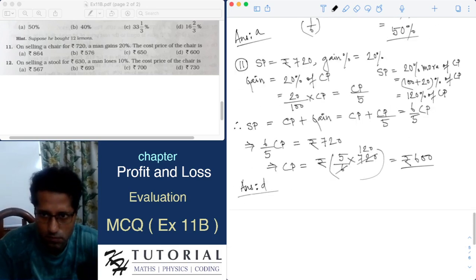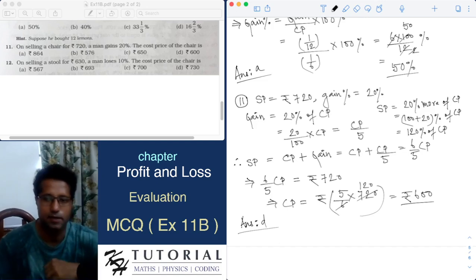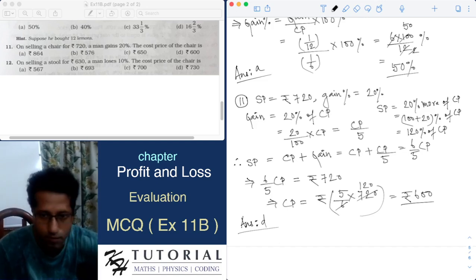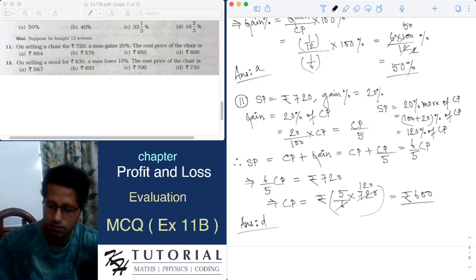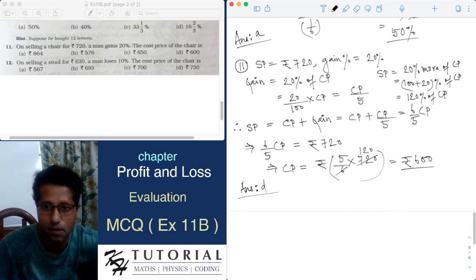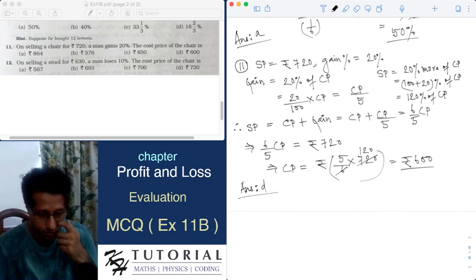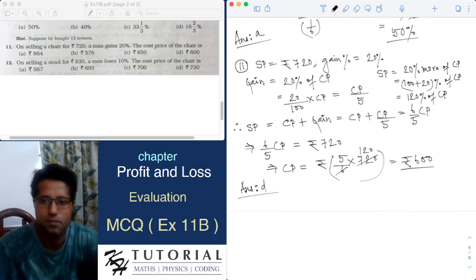So it may not be the case that you will always solve a problem using a very specific method. You might solve different problems using different methods, but the fundamental concepts are the same. Fundamental concepts need to be very clear, and they will always remain the same. So it doesn't really matter if we solve different problems using different approaches.